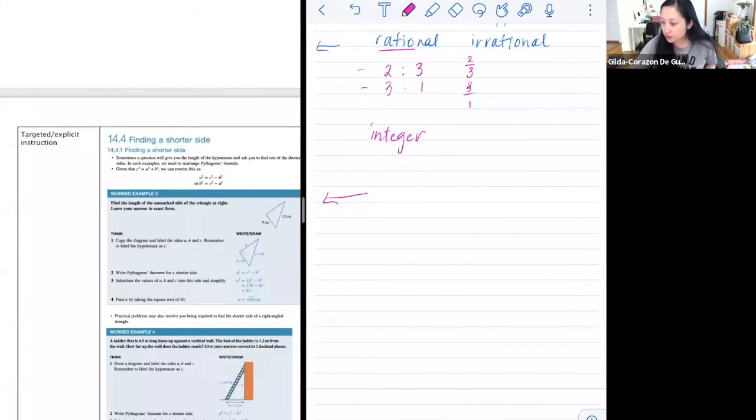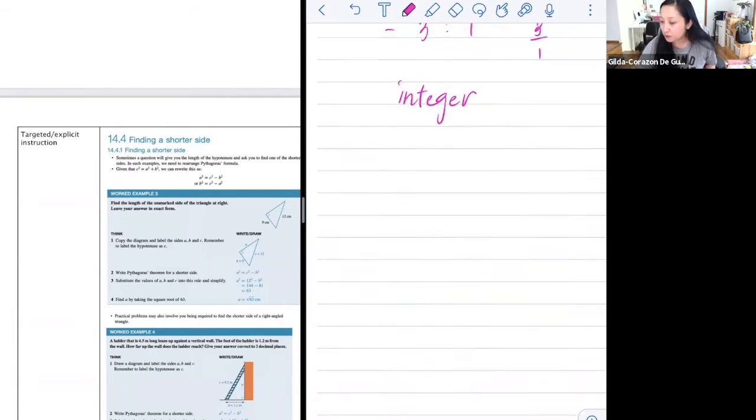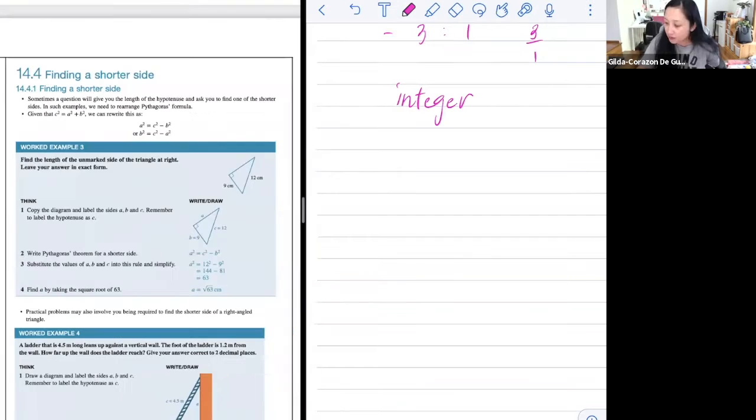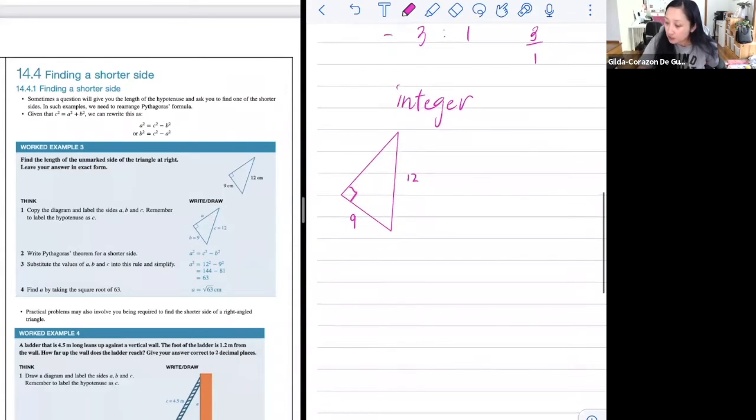Let me go straight to examples of how we will be able to find the shorter side. Let's have that example drawn here. So we've got the 12, we've got the 9, right? We said last lesson that the hypotenuse would always be the longest side, and we know where that is because it's located opposite our right angle, so this is our hypotenuse.